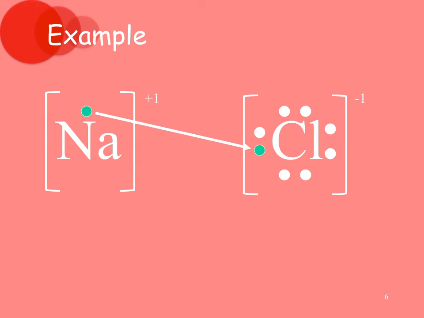So if we're doing Lewis dot structures, we could draw 1 dot for the sodium and 7 dots for the chlorine, and that sodium's green dot will go to the chlorine, giving sodium a +1 and chlorine a -1 charge. And that would be the proper way of drawing it.